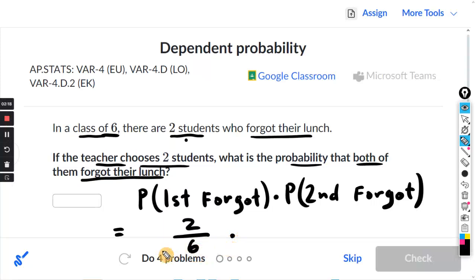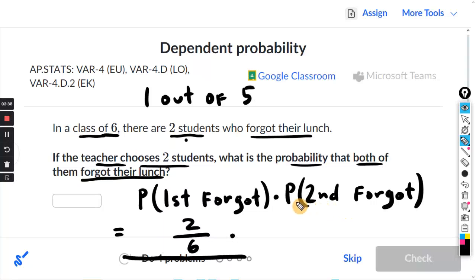Now, once she chooses one student, there's going to be 1 out of 5 left over who forgot the lunch.